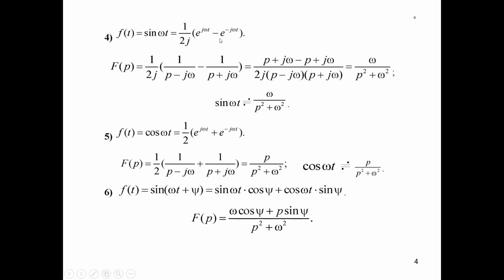So we get only sine, 2j sine omega t, or we can express sine omega t from here in such a way. These formulas should be known to you from mathematics, when we write down the so-called hyperbolic functions.